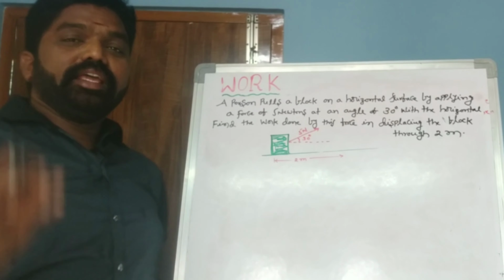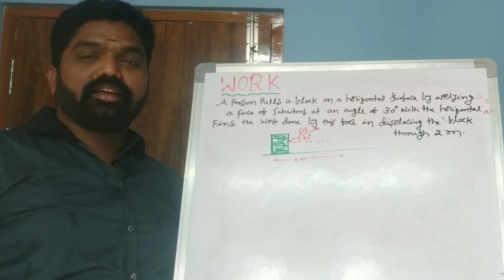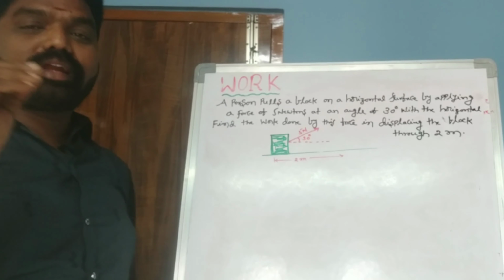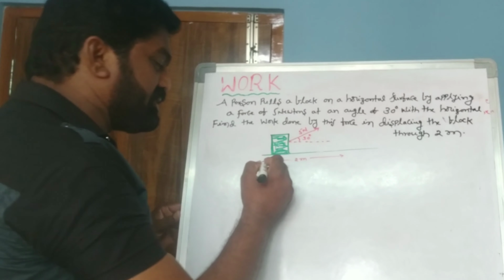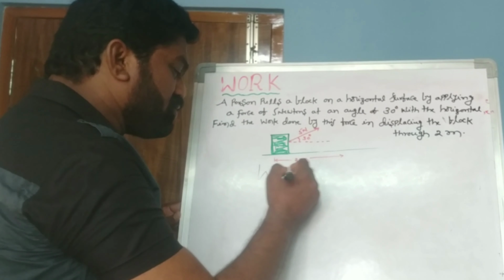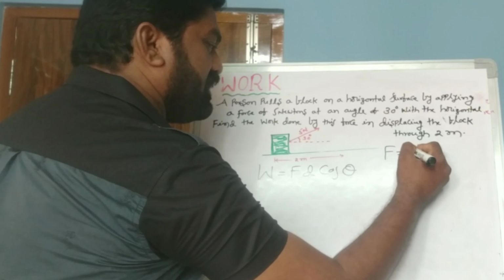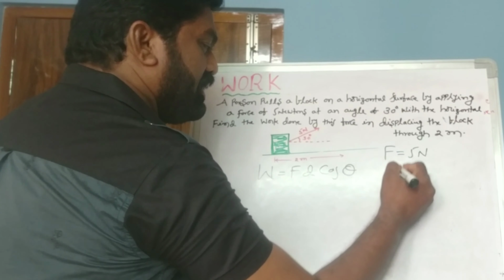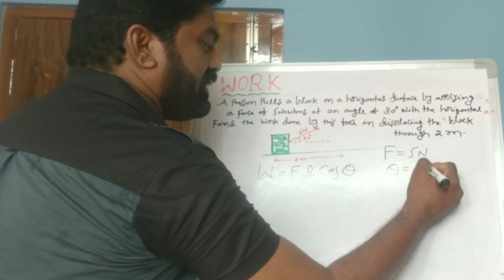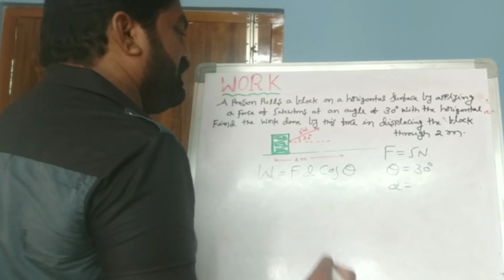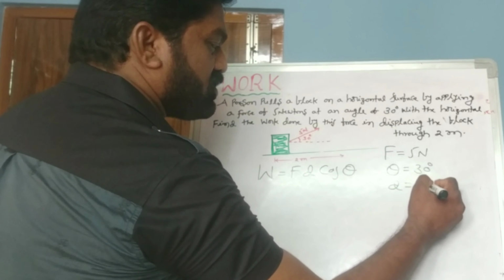You know, if displacement of an object makes an angle theta with the force F acting on it, the work done by the force is W equals F D cos theta. Here force F is 5 newtons, theta is 30 degrees, and displacement D is 2 meters.